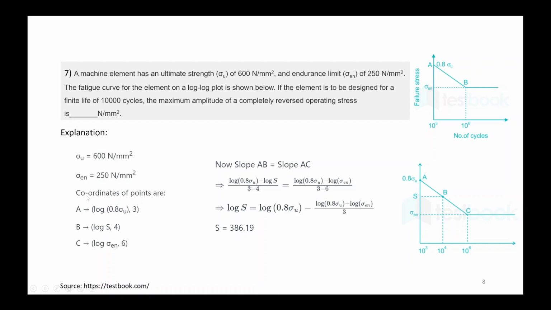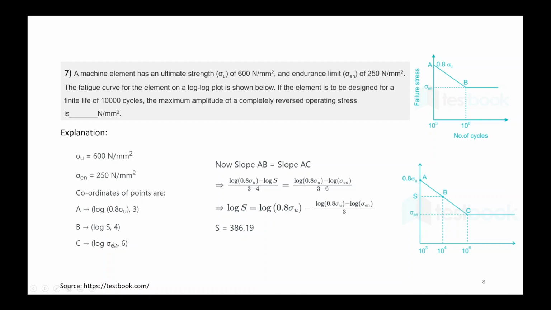Now using these coordinates, again taking a linear relation up to the endurance limit, point A will be log of 0.8 times the ultimate tensile strength at 10 to the power 3, and at point B it will be log S, where S is the unknown stress we have to find corresponding to 10,000 cycles.